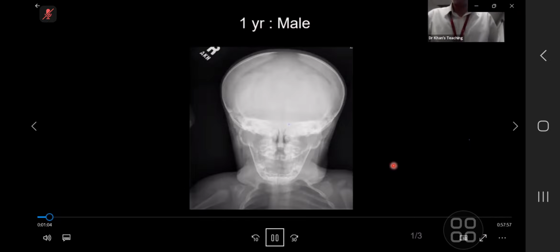That is right. Please continue. I think there is thickening of the skull bones, or is it projectional? Thickening of the skull table, or is it projectional? No, forget about it. All right.